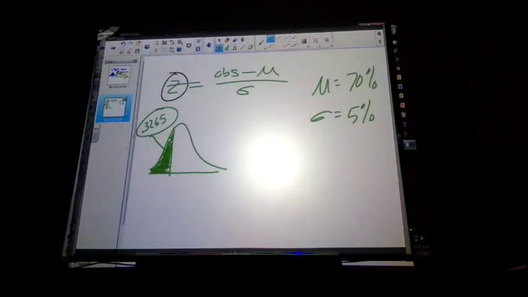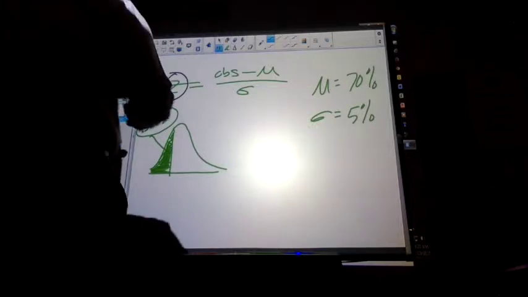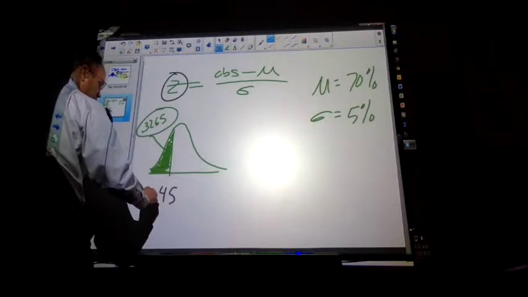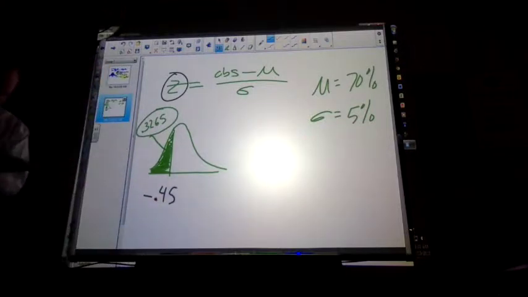Look at the very top number. There you go. Negative 0.45. So if you're like, wait a minute, how did we get that? Go down to negative 0.4 and then go over to the 0.05 column. And you're going to find 0.3265.